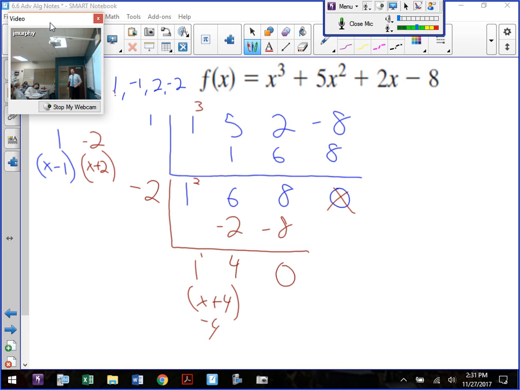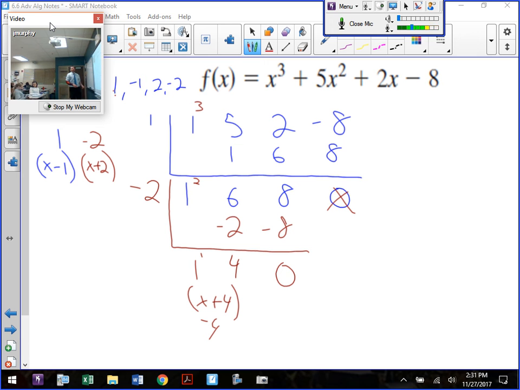This is what synthetic division allows us to be able to do. Now, had I started that problem to begin with at negative 2, instead of starting at 1, it wouldn't have mattered. It doesn't matter the order in which you multiply things together, because if it winds up being a factor, it's still going to come out in the long run. Okay? It still works itself through.